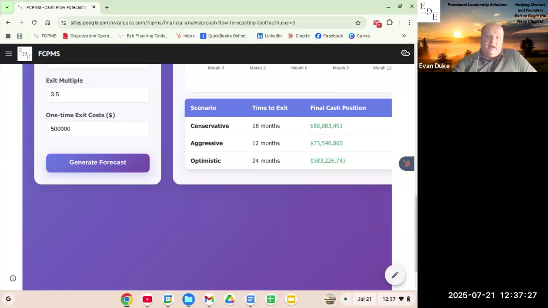In other words, let's say your budget is $10 million. Well, if you have $10 million of cash on hand, that means you can operate for 12 months without bringing in a single dime. And that really is one of the metrics that I like to use.